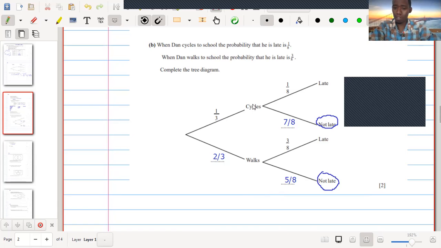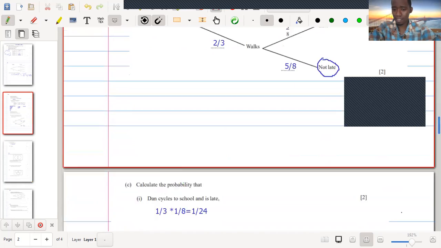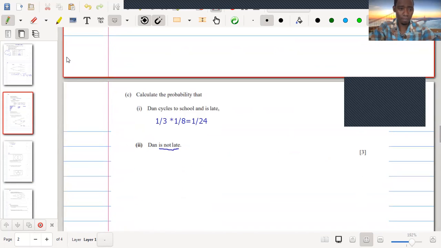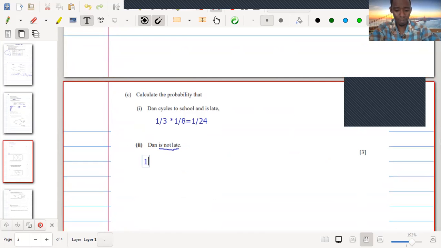1 over 3 times 7 over 8 plus 2 over 3 times 5 over 8. Then we get our answer. So it will be 1 over 3 times 7 over 8.